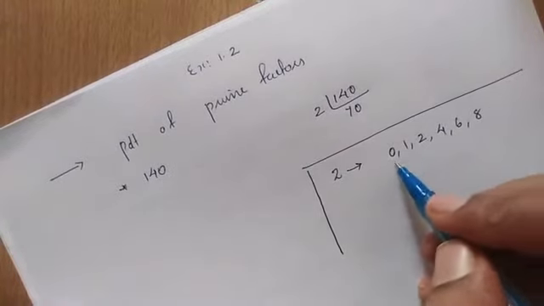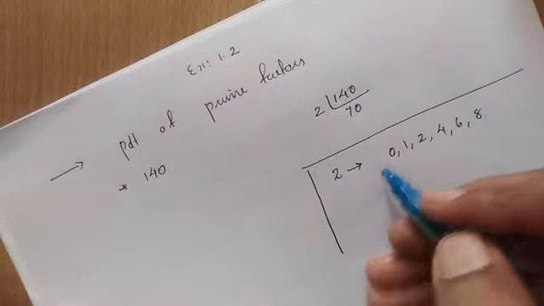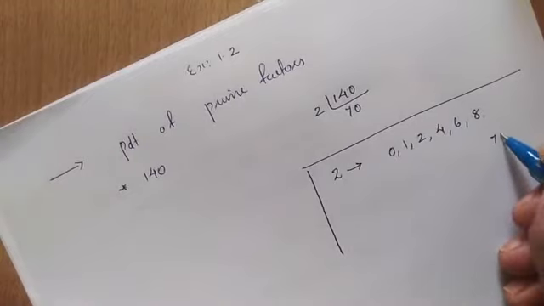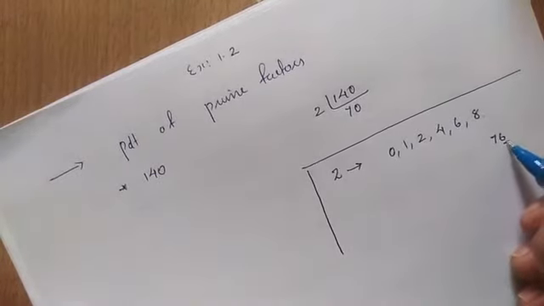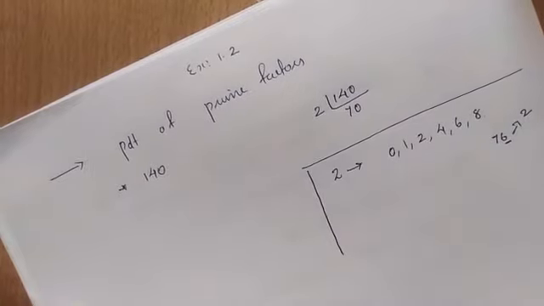If a number ends with 0, 2, 4, 6, 8, we can say that the number contains 2 as a factor. For example, 76. The last digit is 6, so we can surely say that 2 is a factor of 76.